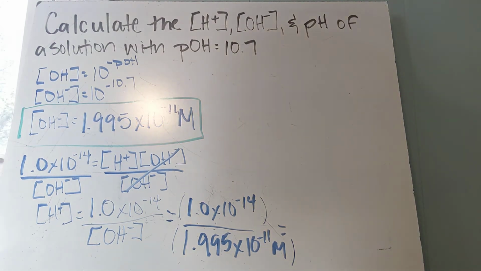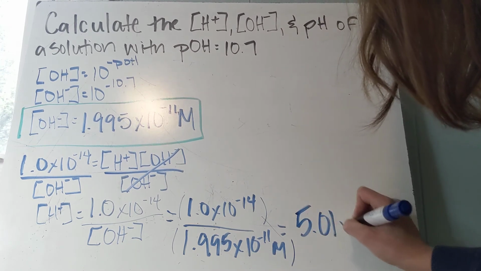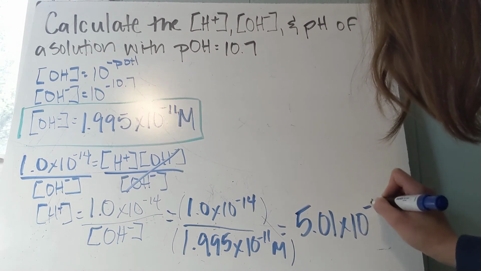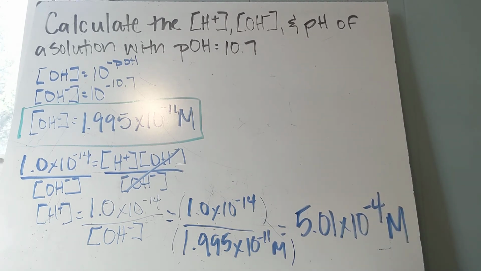I have done something wrong. I multiplied instead of divided. There we go. 5.01 times 10 to the negative fourth. So that's my H plus.